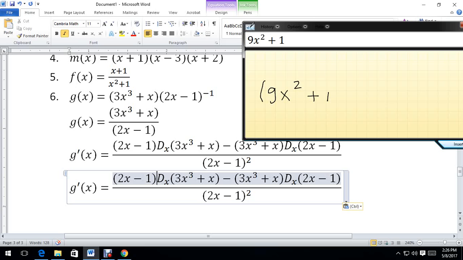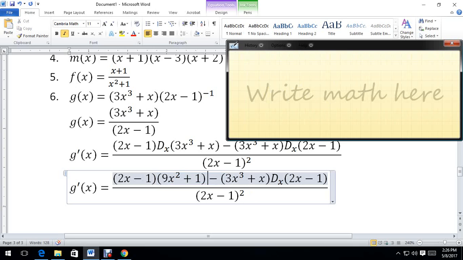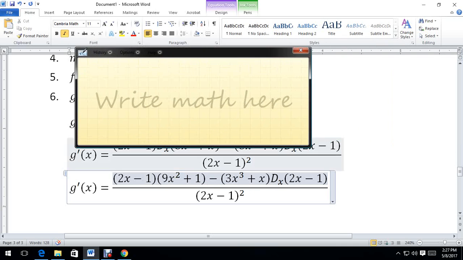Okay, so let's have this in parenthesis form and insert it as part of the equation. So 9x squared plus 1, minus 3x cubed plus x times the derivative of 2x minus 1, this part here. So the derivative of 2x is equal to 2.